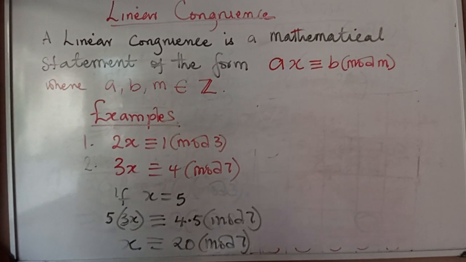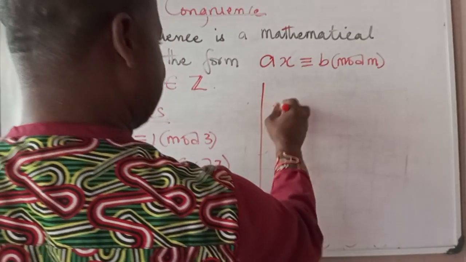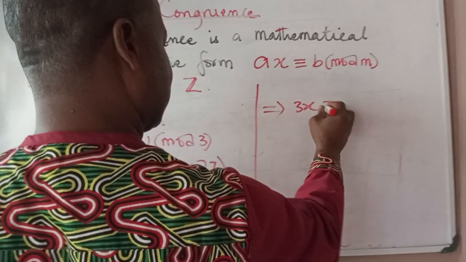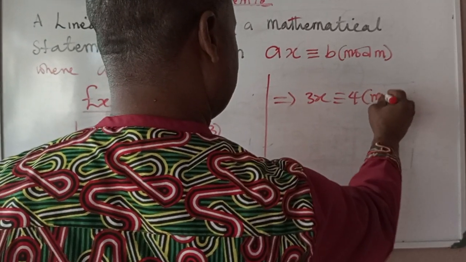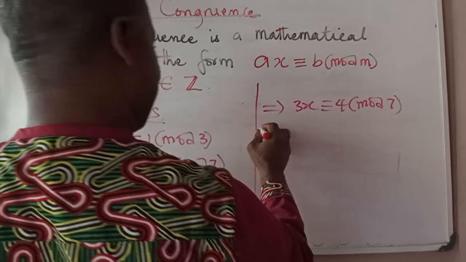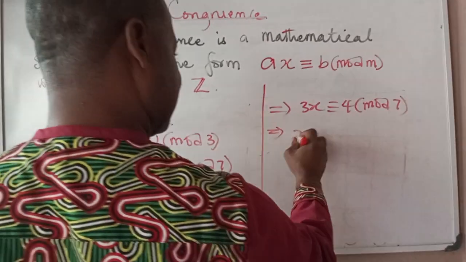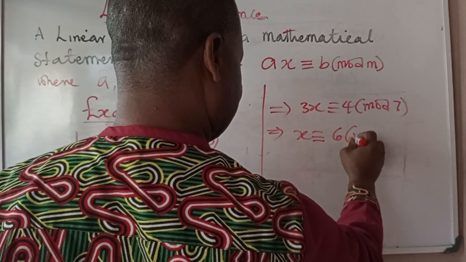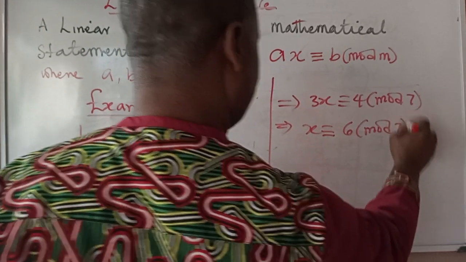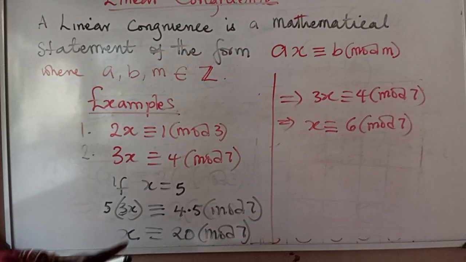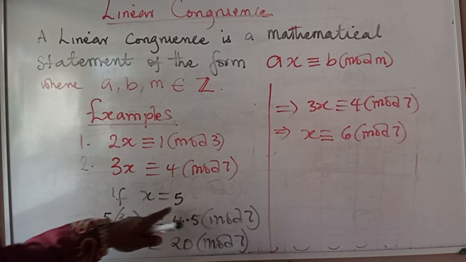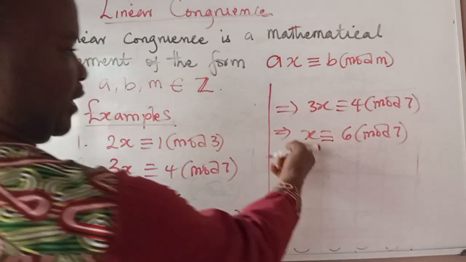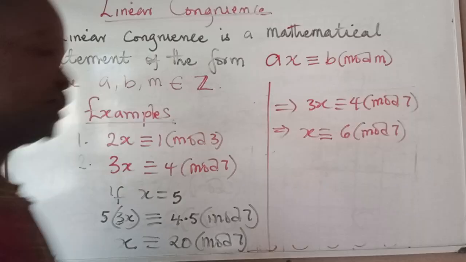The remainder is 6, which actually implies that the original congruence we were given, 3x is congruent to 4 mod 7, will now become x is congruent to 6 mod 7. So actually the value of x was 5, but in mod 7 we have x is congruent to 6 mod 7.